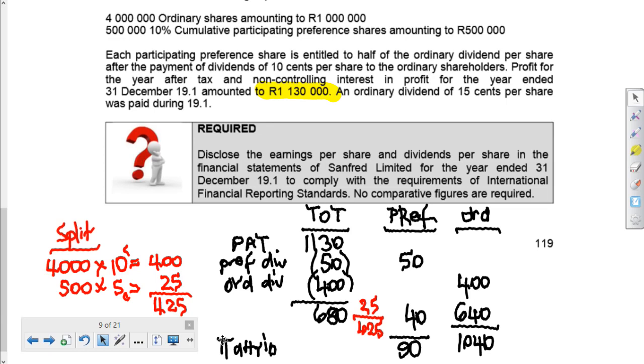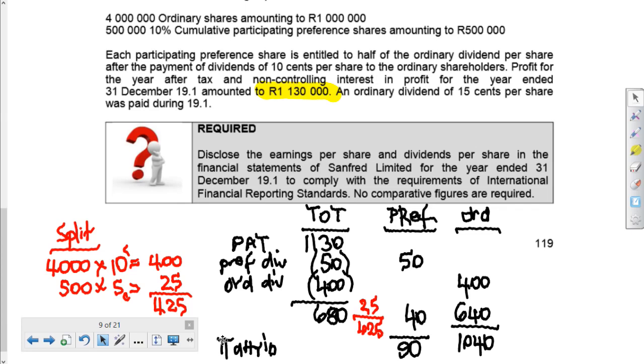But don't round there, because if you round there, you'll end up with funny numbers. Unless that works out to a round percentage, don't round it, leave it like that. Then 680 times 25 over 425 gave me around 40. I was happy with that. When I did the other one, it gave me 640, but it anyway needs to balance, so I knew the other one was 640. And I get then a total.